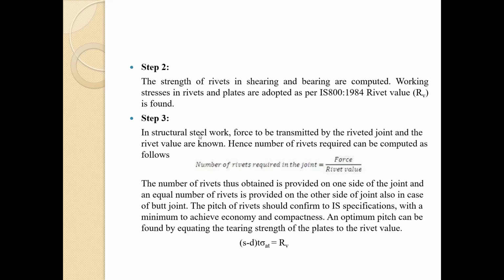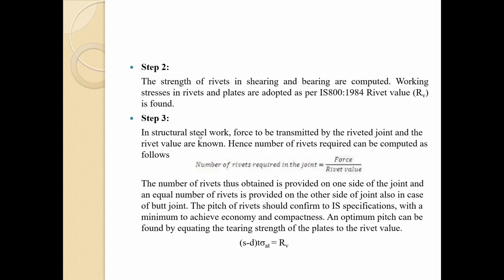Now step 3. In structural steelwork, the force to be transmitted by the riveted joints and the rivet value are known. Hence the number of rivets required can be computed: the number of rivets equals force divided by the rivet value. This way you will find the number of rivets required for that particular joint.